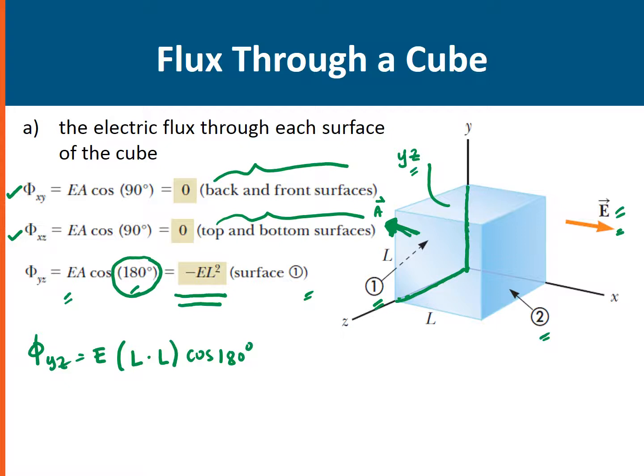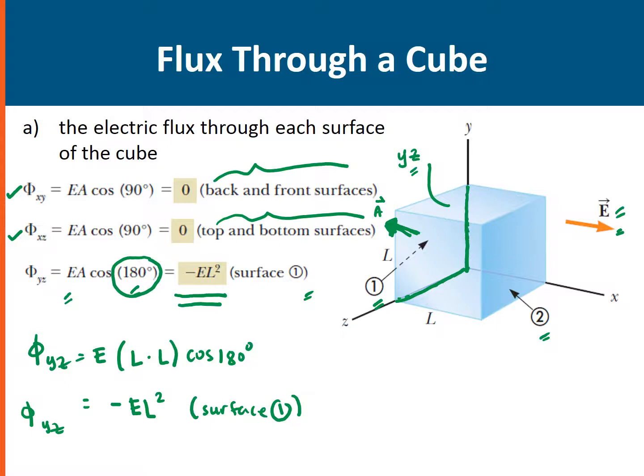The cosine of 180 is negative, hence we have negative EL squared. This is the electric flux for surface 1.